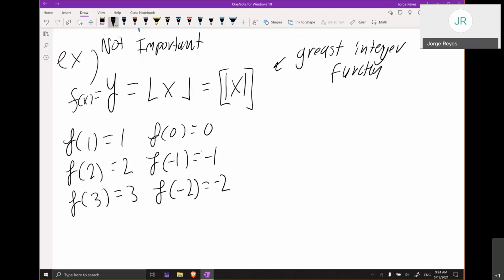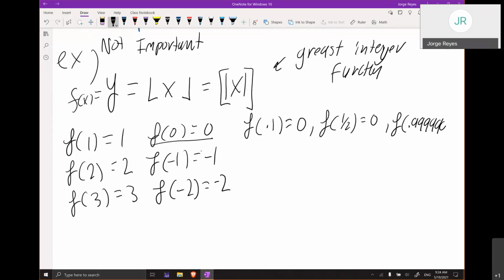So if you plug in a whole number, nothing happens. But f of 0 is 0, and f of 0.1 is also 0. f of 1/2 is 0. f of 0.999999 is 0. But f of 1 is 1.